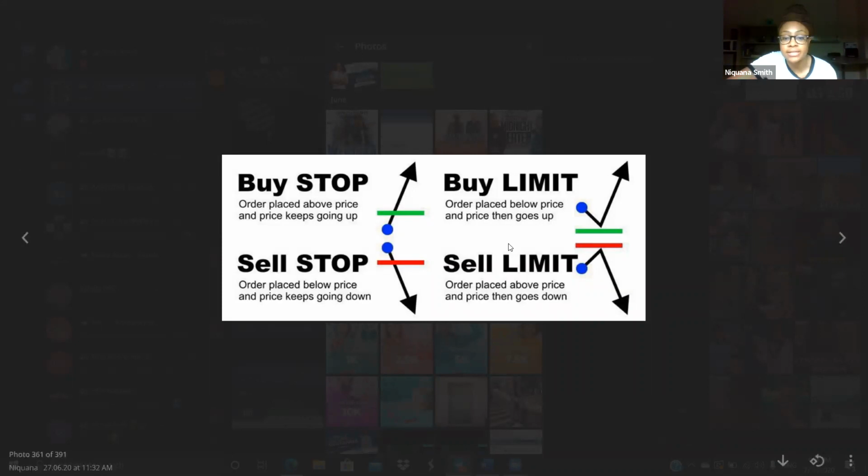Same for a sell limit, which is the opposite of a buy limit. You're waiting for price to sell off a specific entry, but first it's going to buy up to it, activate, put you in the trade, and you're expecting from your analysis for it to reject off and start selling, which is exactly what it shows here.